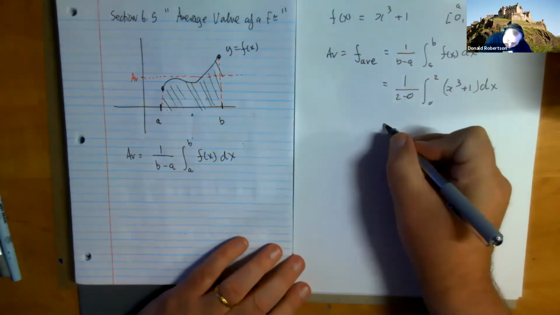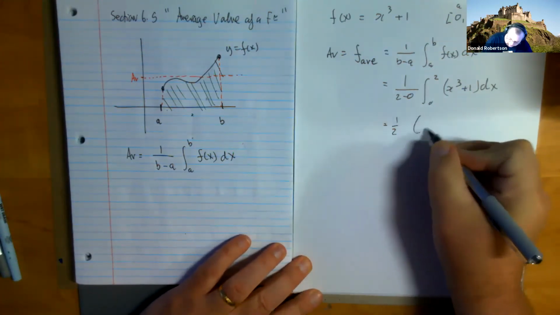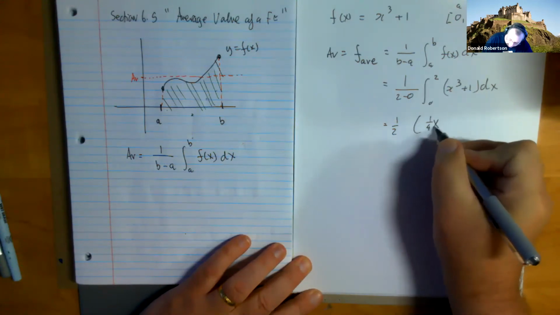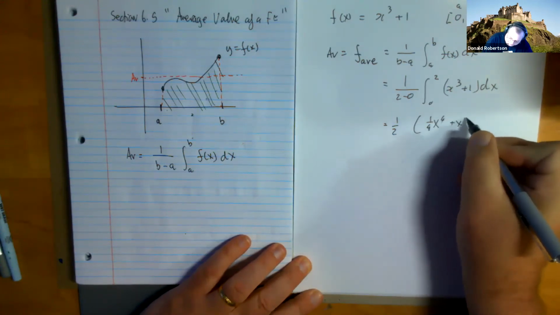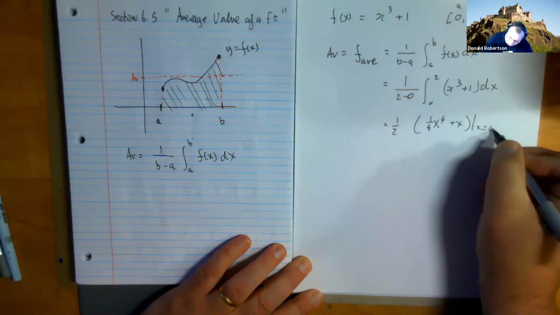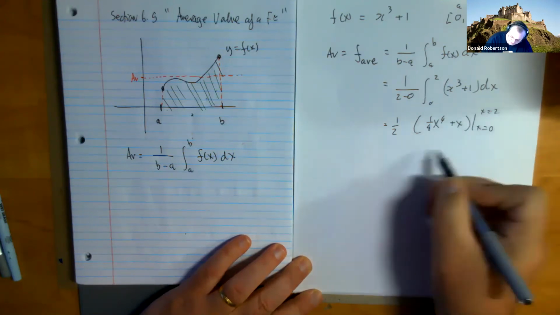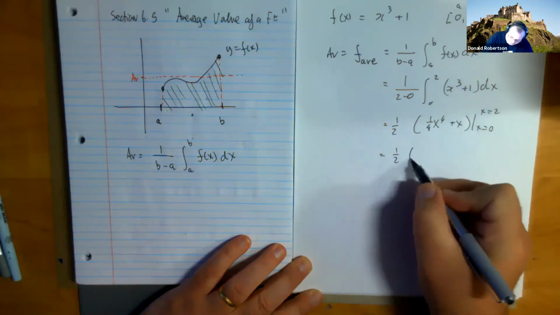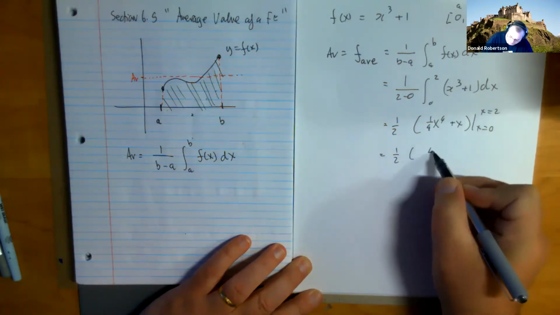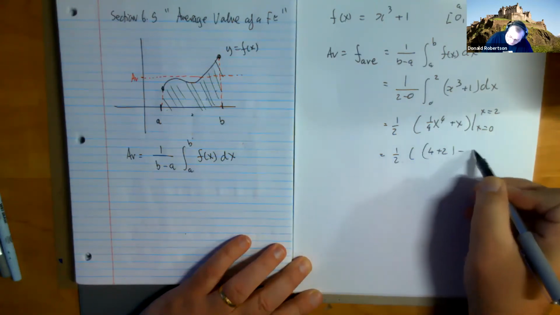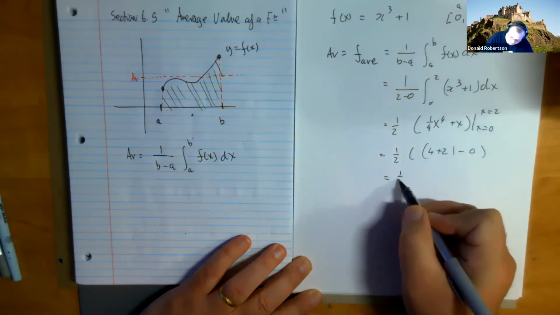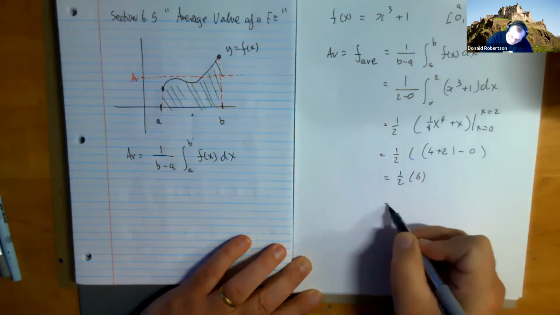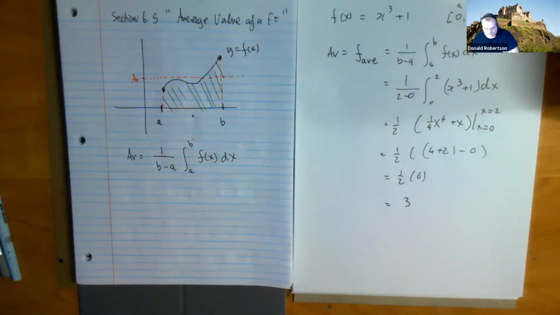So in this case, it's 1/2 times the integral, which gives 1/2 of 6 take away nothing. 1/2 of 6 is 3. The average value of that function is 3.